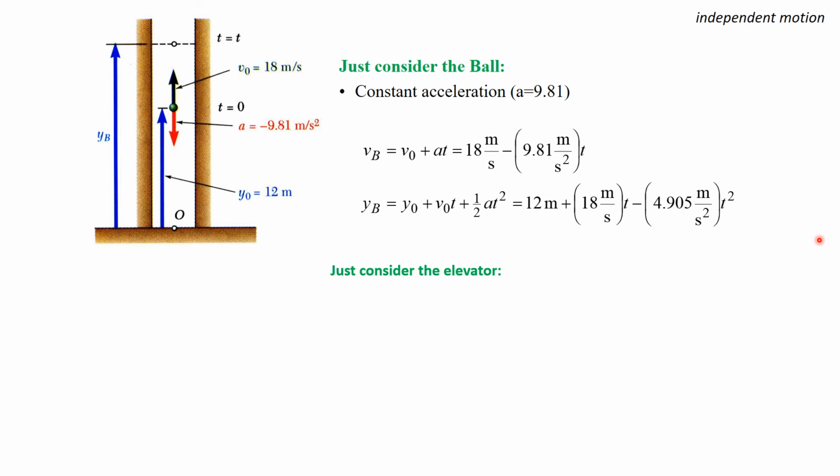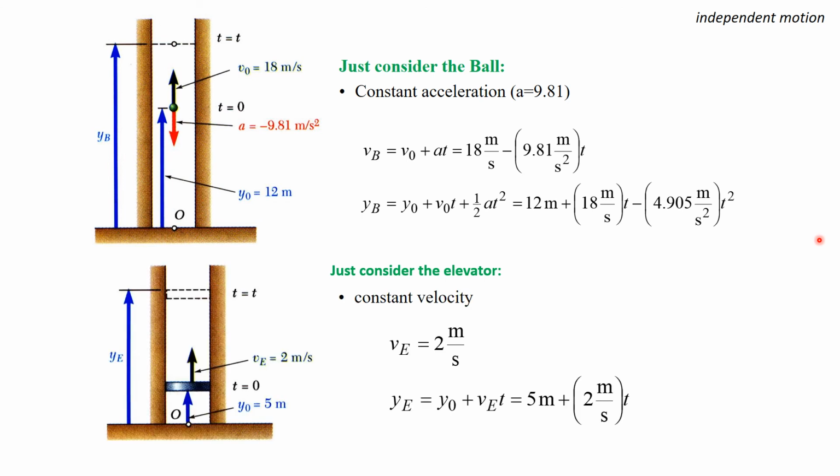Next chunk. Now we're just going to consider what the elevator is doing. The elevator has a constant velocity, no acceleration. So our velocity equation for the elevator is pretty boring. It's just a number. V equals 2. Instead of V equals V naught plus AT, it's constant, not dependent on time at all. V equals 2.